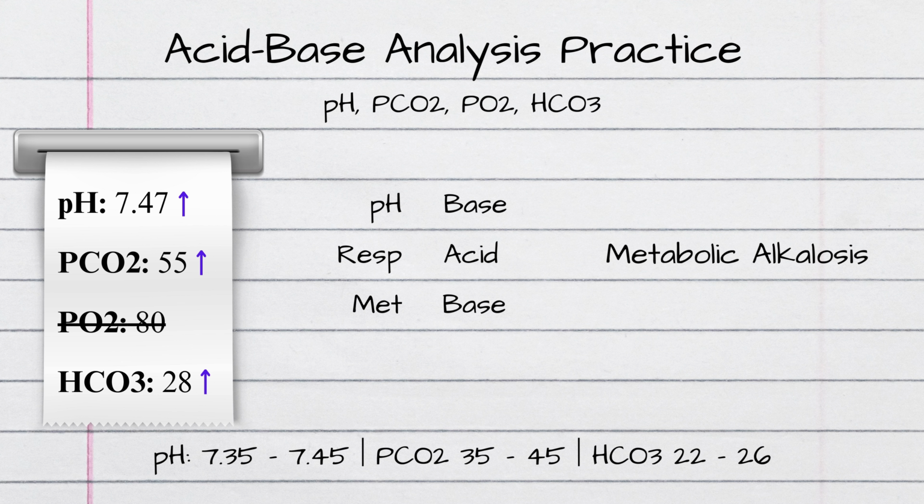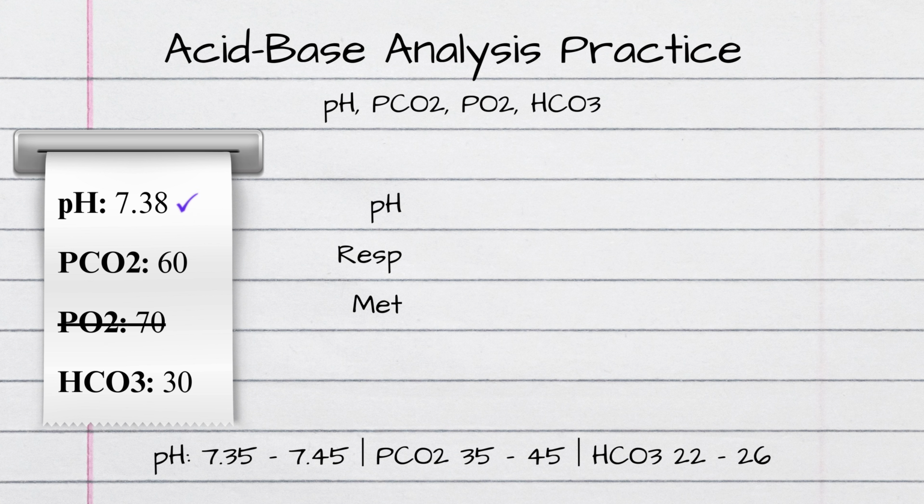So this indicates that the lungs are trying to compensate by making the blood more acidic to bring the pH back to normal. However, as we can see, the pH is still out of range. Because the body is making an attempt to correct the pH but has not fully succeeded, this is considered partial compensation. This is a partially compensated metabolic alkalosis.